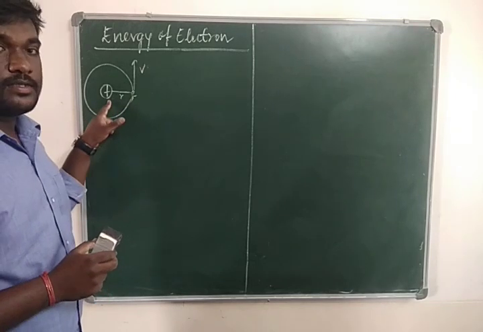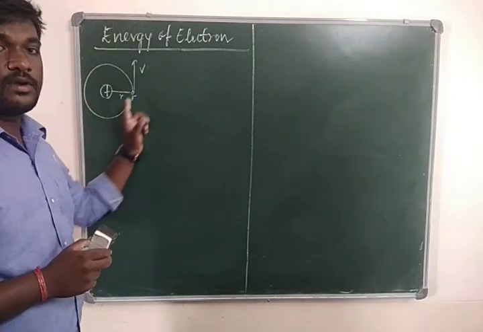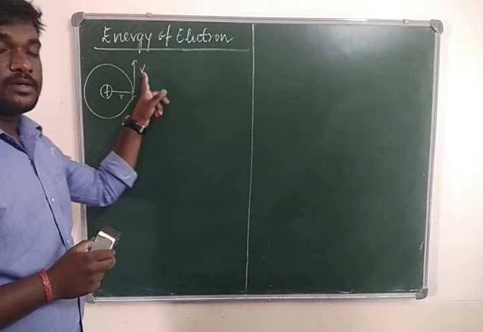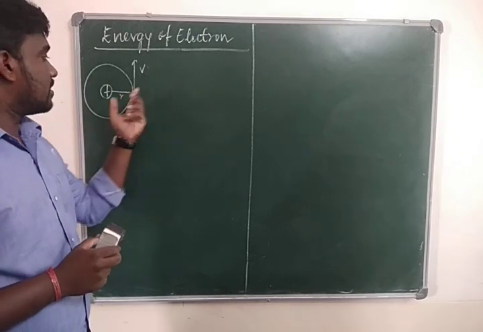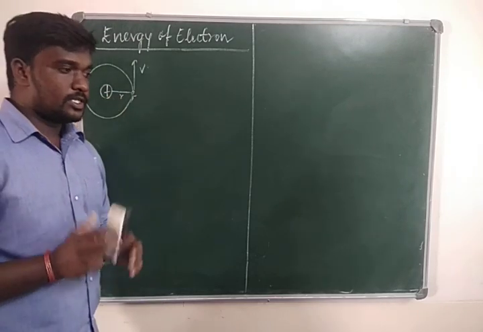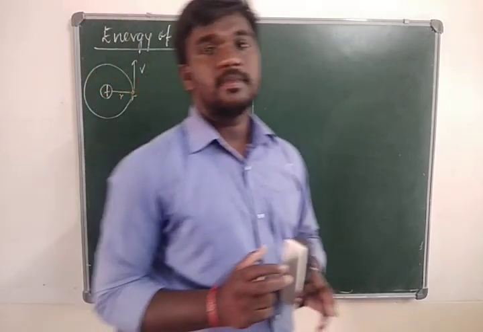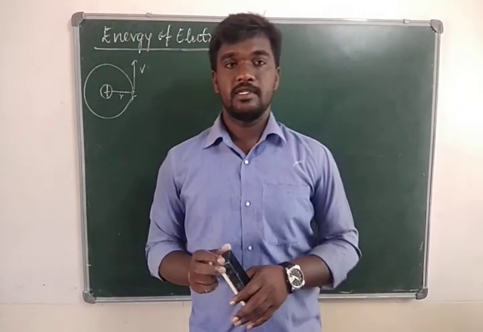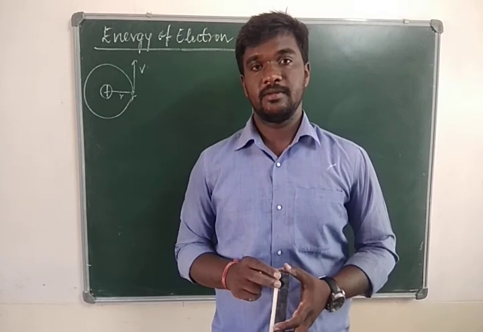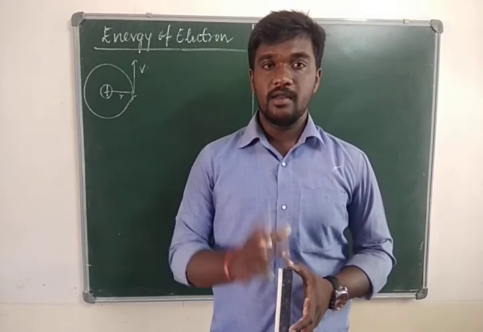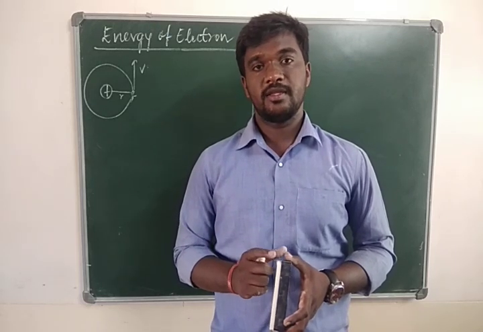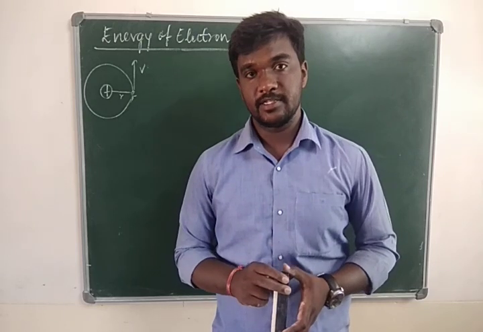So this is the nucleus and this is the electron revolving around the nucleus with a speed v in a circular orbit of radius r. The total energy is nothing but the sum of the potential energy and kinetic energy. When the electron is revolving around the nucleus, it has potential energy and kinetic energy.